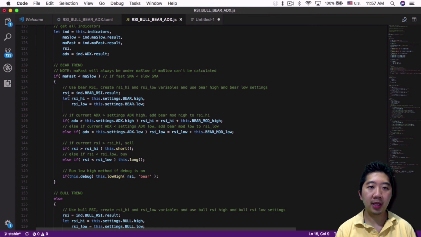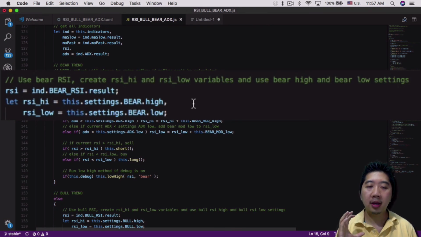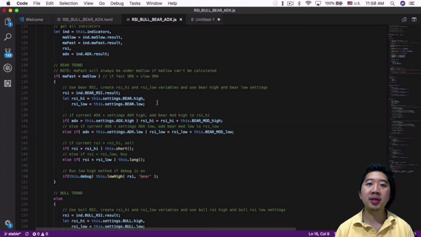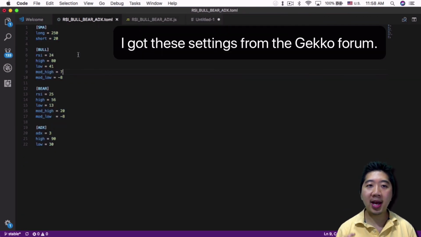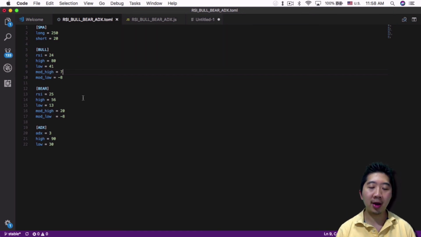If that happens, that means we're in a bear trend. And if we're in the bear trend, it's going to assign the bear RSI, because again, this strategy uses two RSI settings. It uses the bear RSI and the bull RSI based on the settings that you put in the TOML file. The bull RSI has a 24 interval RSI setting, and the bear RSI has a 25 interval RSI setting.